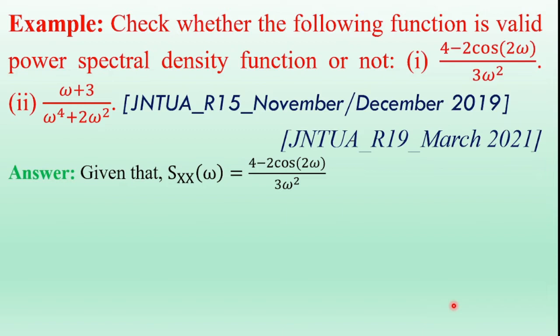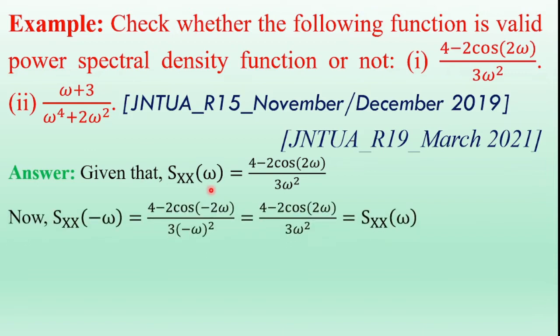So, first we can calculate Sxx of minus omega. In the given power spectral density, omega is replaced by minus omega. We get Sxx of minus omega is equal to (4 minus 2 cos of minus 2 omega) by 3 into minus omega square.